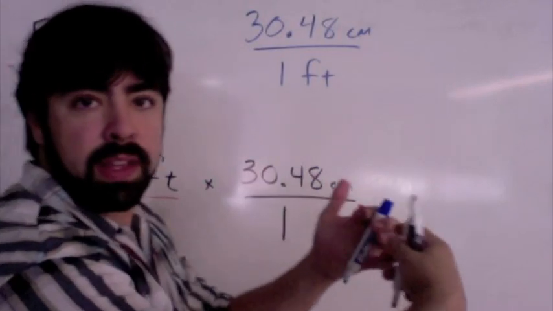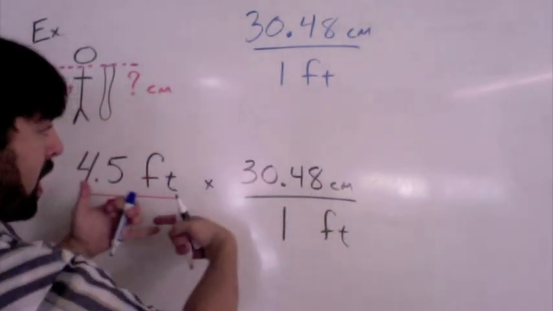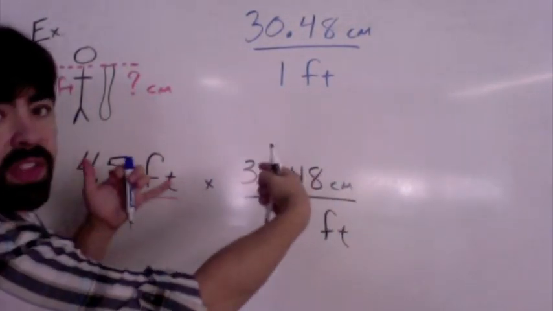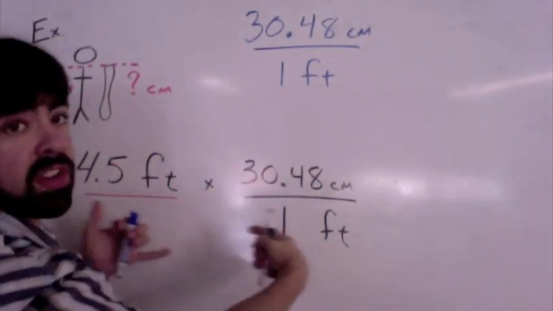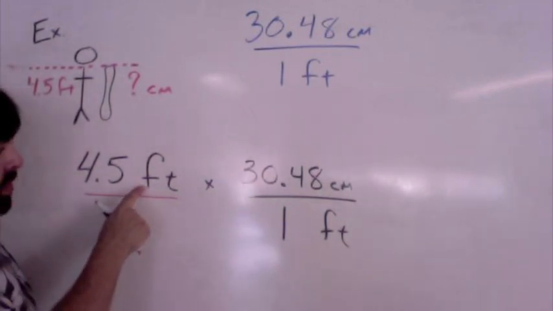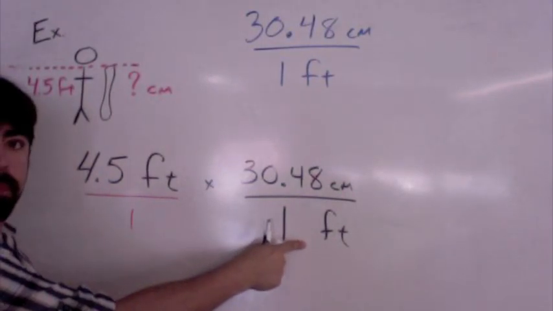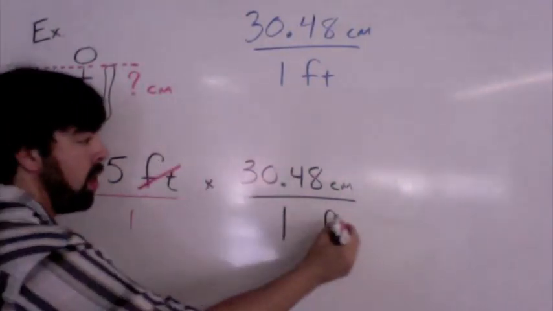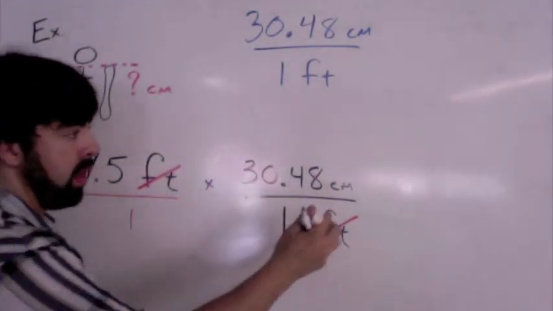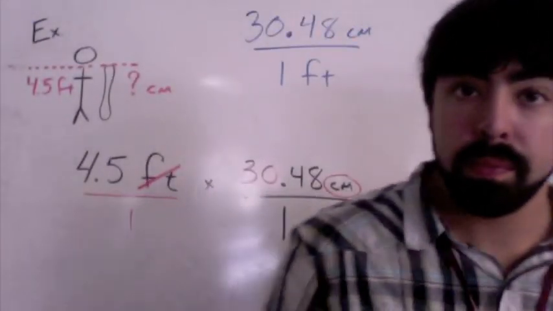So when you're multiplying these together, what you're really doing is you're multiplying the top layers and the bottom layers, okay? And when you have something on the top that's the same as on the bottom, it cancels out. So notice how there's a foot unit up top and down here on the bottom. Those cancel. What are you left with? Centimeters, and those are the units you're looking for.